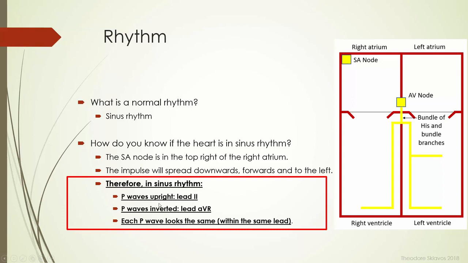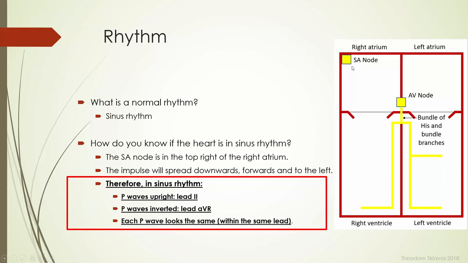So lead 2 should be positive and upright. We're spreading directly away from AVR, so AVR will be inverted or negative. Okay, and that is the characteristic of a sinus P wave. Okay, now each P wave should also look the same, as long as you're looking at the same lead.